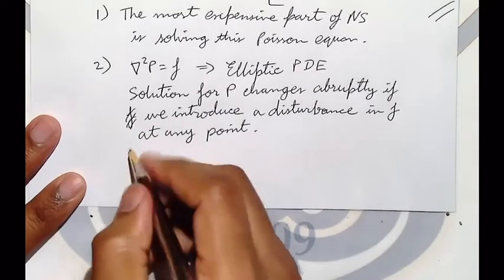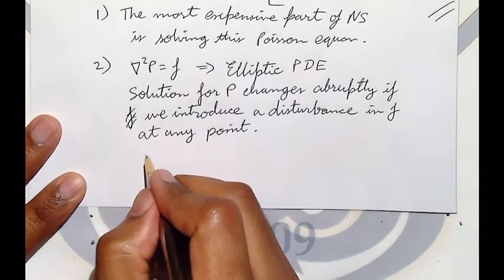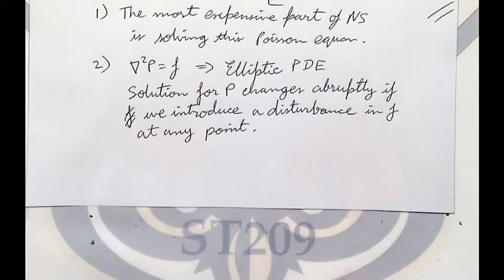Also, if you disturb F at any point, all points in the domain are affected. Okay. Does this make sense?